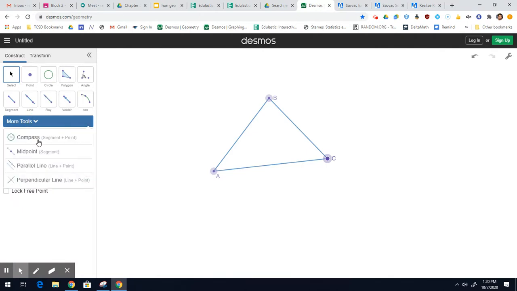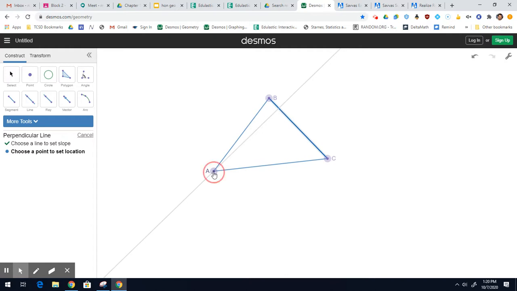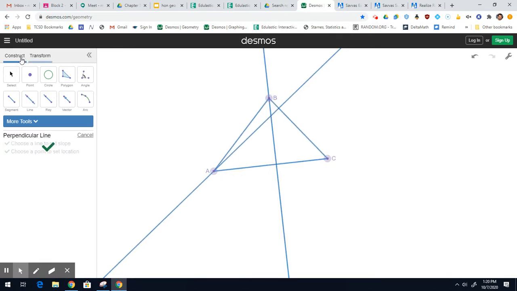I will construct a perpendicular. It has to be perpendicular to the opposite side. So if I'm going through A, this is my opposite side, BC. And here's A, so there's my perpendicular. And then the same thing, construct a perpendicular through this segment AC through B. So there's my two perpendiculars. Let's put a point where they meet. This would be called the orthocenter.